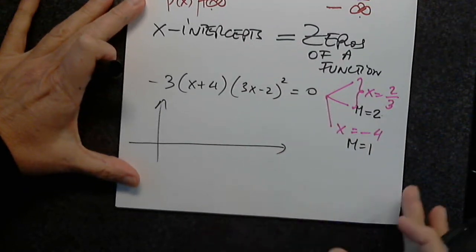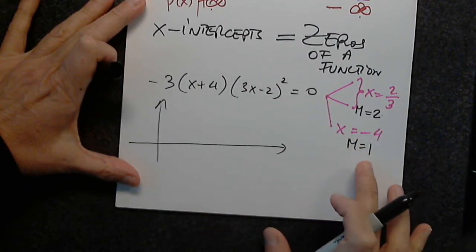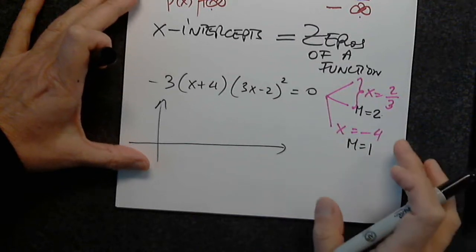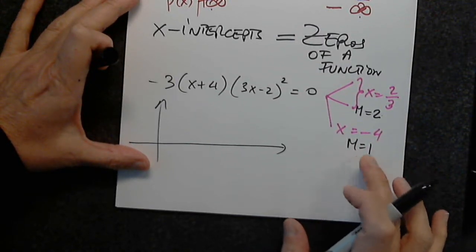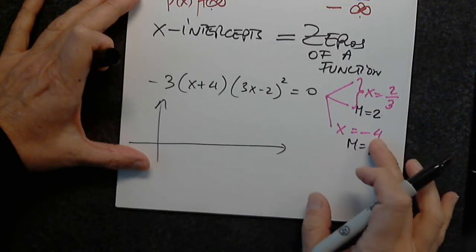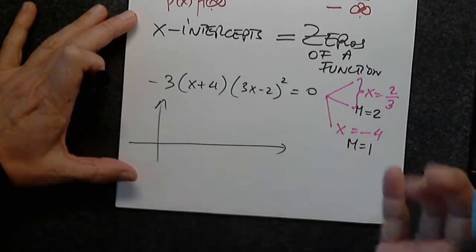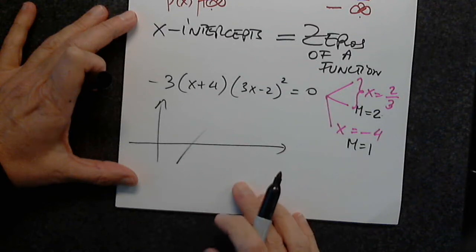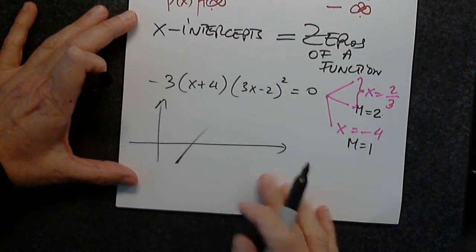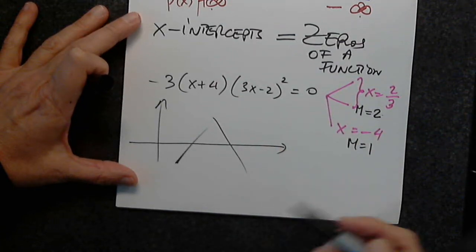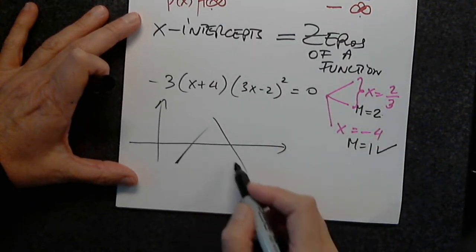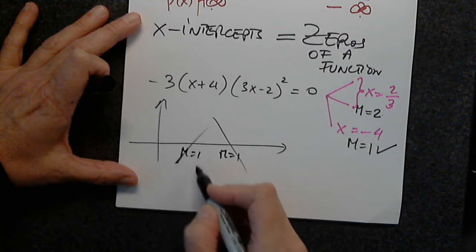When a function has a zero, or x-intercept, that has multiplicity 1, like the one for negative 4, it looks like this. It's a straight cross. It could be from below to above or from above to below. But this is multiplicity 1.